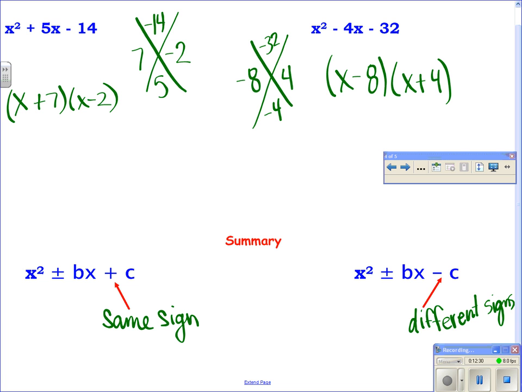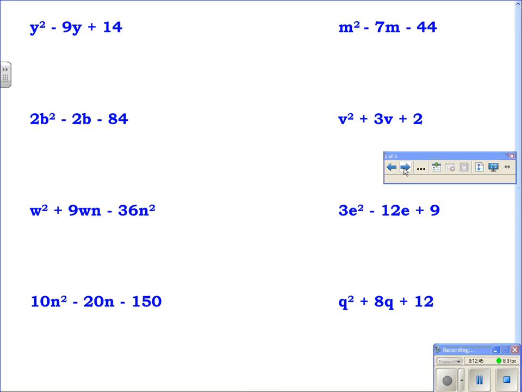The last slide is 8 problems. I'm going to have you pick any 4 of them. And then I'm going to ask for 8 people to come up and write down their answer. So I'm going to give you a good 3-4 minutes to pick any 4 that you want. So pick 4 of them to put in your notes.